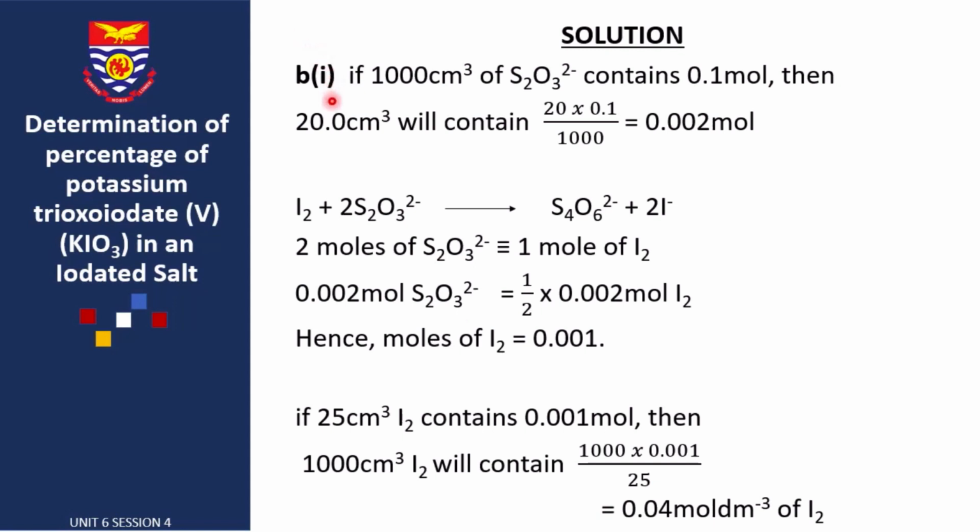Okay, so we start from the thiosulfate by interpreting its concentration. So if 1000 contains 0.1 mole, then 20 cubic centimeters will contain 20 times 0.1 divided by 1000. That gives us 0.002 moles.